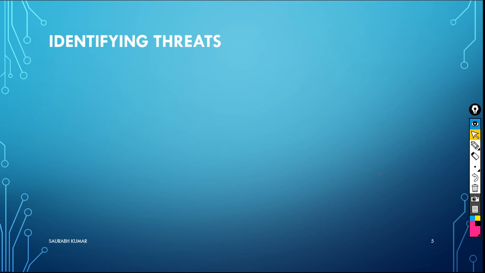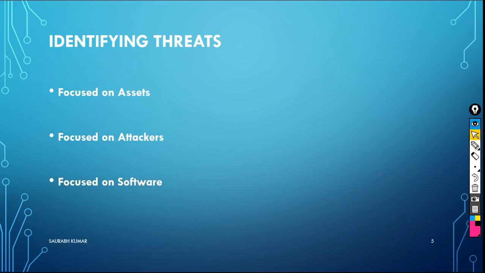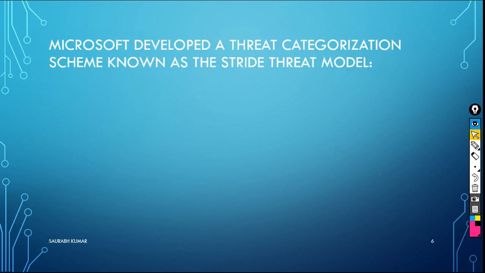They can identify the threats focusing on the assets, first checking the asset and then identifying threats on that basis. The second category is focused on the attacker, and the third is focused on software. Now let me elaborate on all of them.